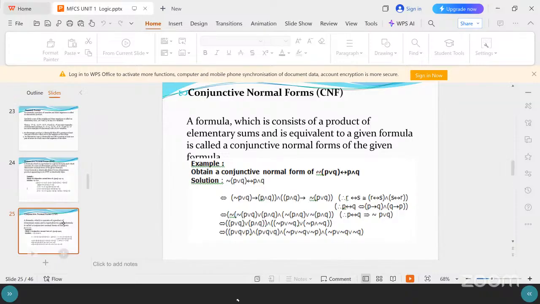Write down: a formula which consists of a product of elementary sums and is equivalent to a given formula is called a conjunctive normal form.